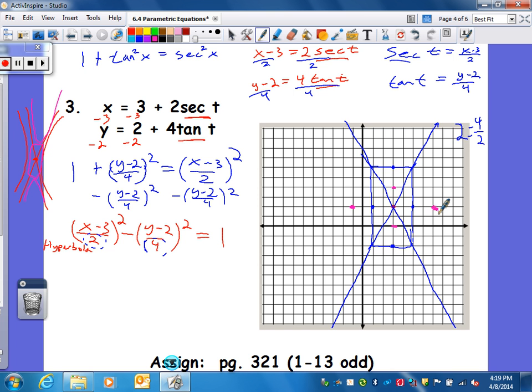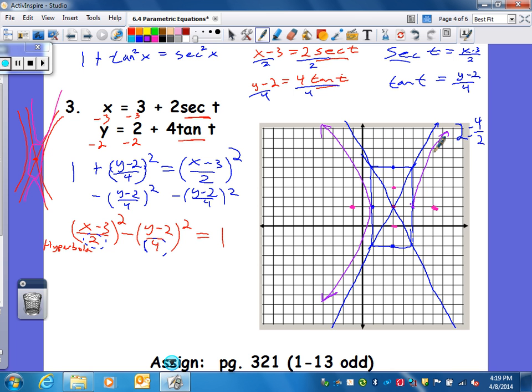So when drawing the hyperbola, we hit this point right here and draw a little curve up like that. Same thing on this side.